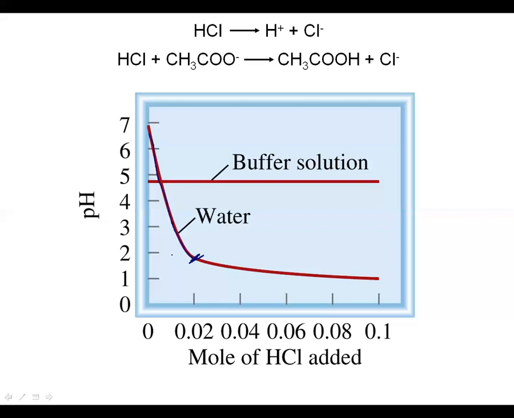A very big jump in pH, which would definitely tell you this is not a buffer, as opposed to the buffer, where you can see it pretty much maintains a very constant line across in terms of pH. It doesn't go up, it doesn't go down. In reality, if you had a pH meter and you were monitoring it and you added acid to this buffer, you would see it go down. But you wouldn't see it go down tremendously, or a big giant jump in pH.